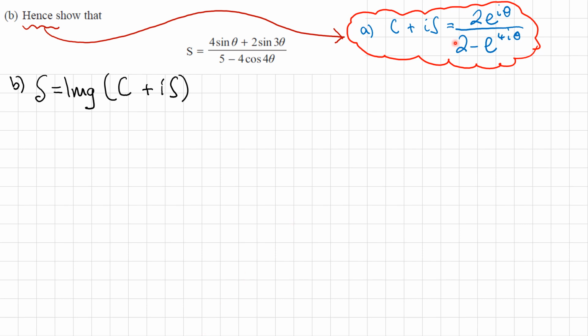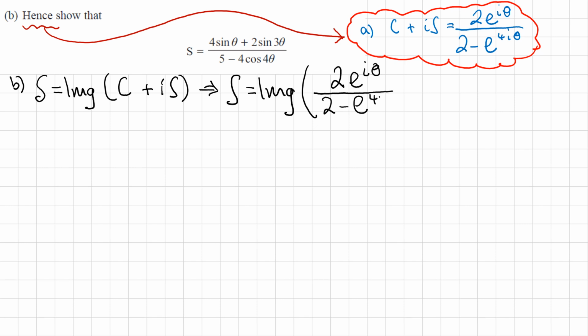So what I want to do is work out the imaginary part of this. So S will be equal to the imaginary part of 2e to the i theta over 2 minus e to the 4i theta.